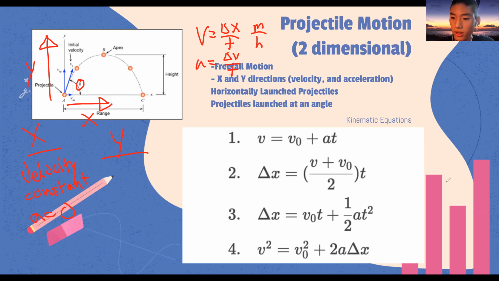So what force do you think is acting on a baseball in the projectile trajectory, like when it's moving? Okay, I got one response. Gravity. Acceleration due to gravity. I like that. 9.8 meters per second squared. Okay.